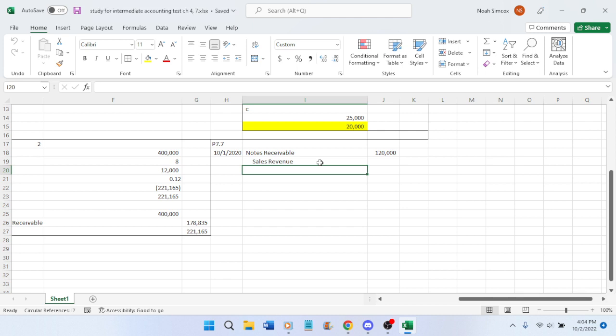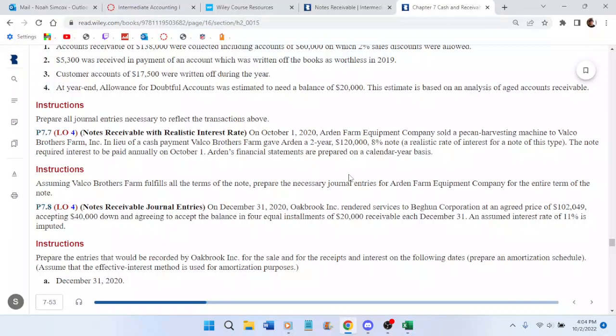Now, interestingly, they don't care about the entries in terms of your loss on the equipment. They don't care about that? I'm just going to look at this.